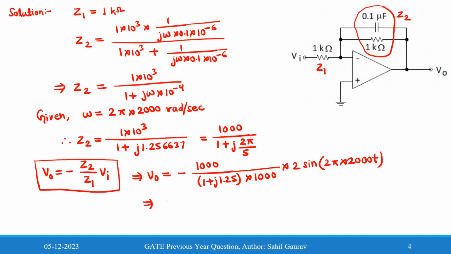So V naught equals minus 2 sin(2π × 2000 t), and 1 plus j 1.25 is written as 1.6 at the angle of 51.488 degrees.